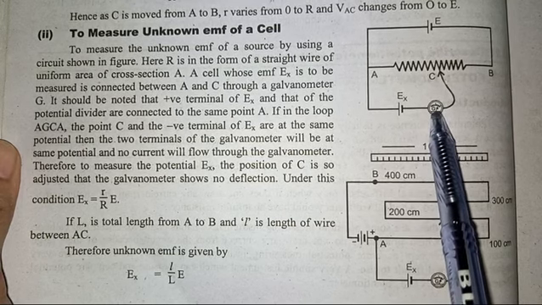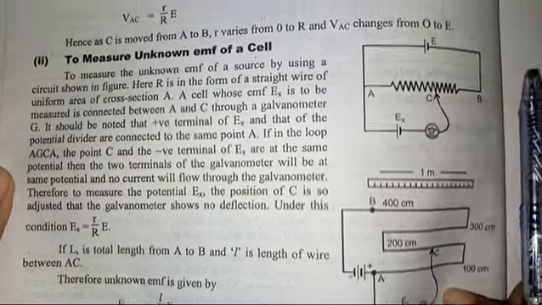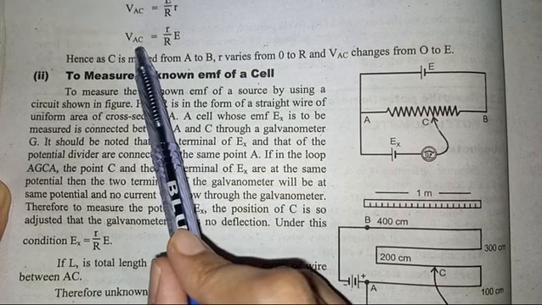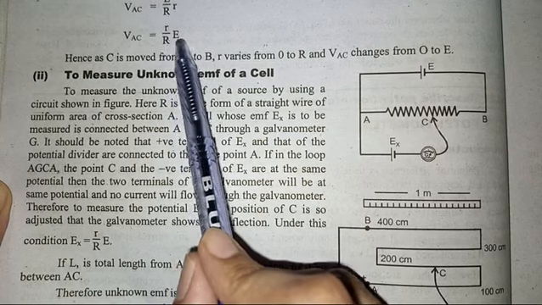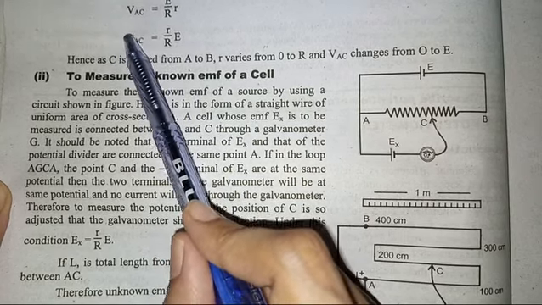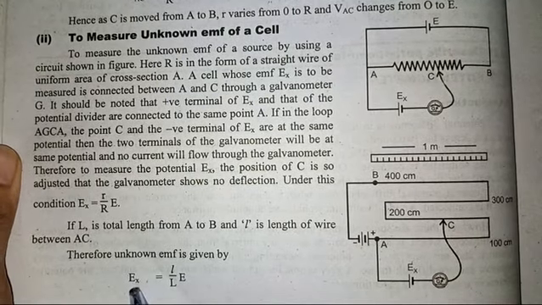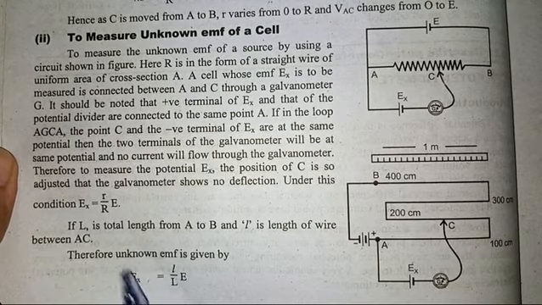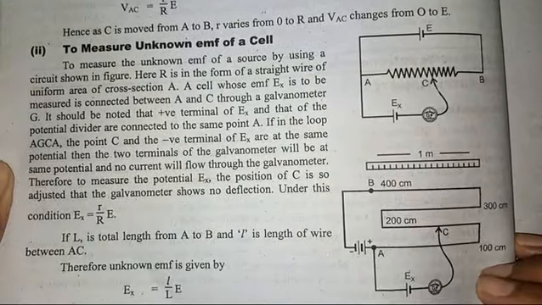Under this condition we use the formula, as you have learned in this topic, VAC, the potential difference between points A and C, is equal to r over R into E. This is voltage. Now we have replaced V with E. As you know, E is also EMF, and its unit is also volt, just like V. So that's why this formula is changed.